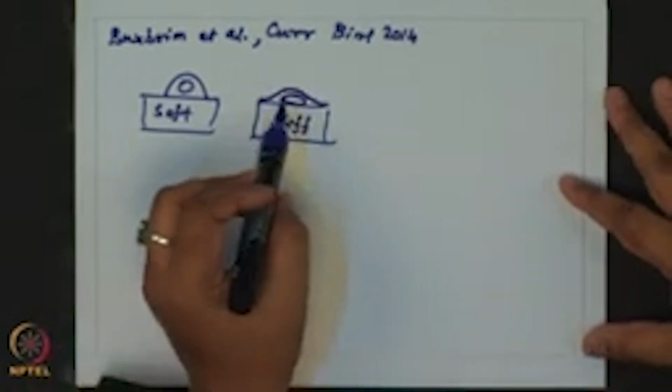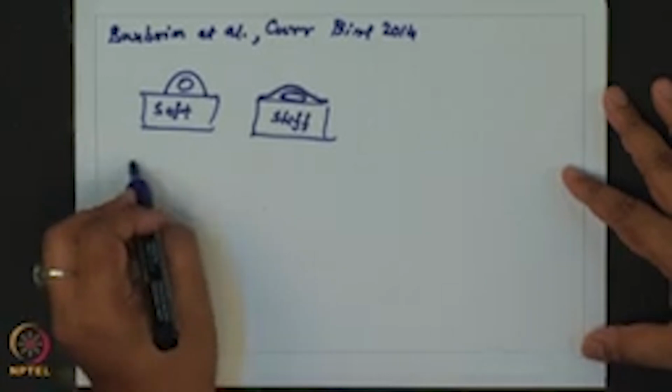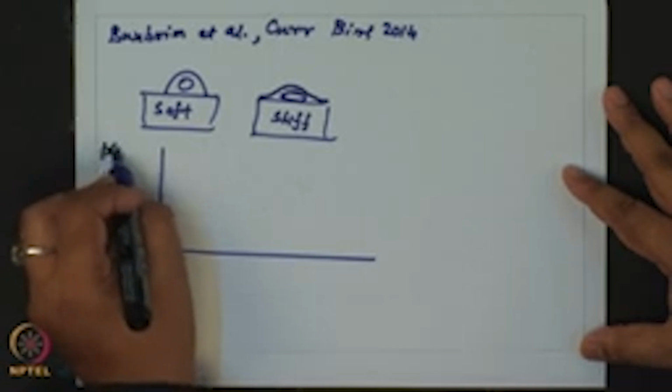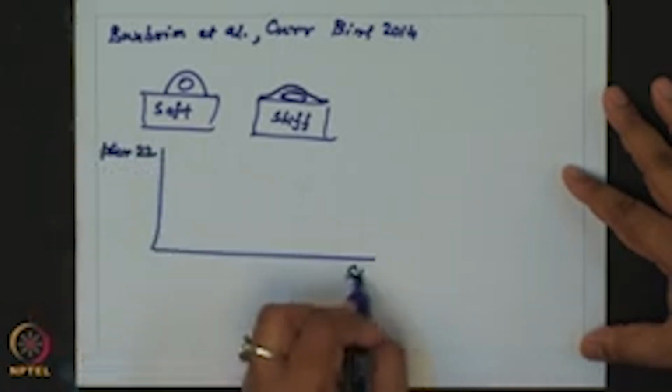And they found an inverse relationship between phosphorylation of serine 22 and stiffness.